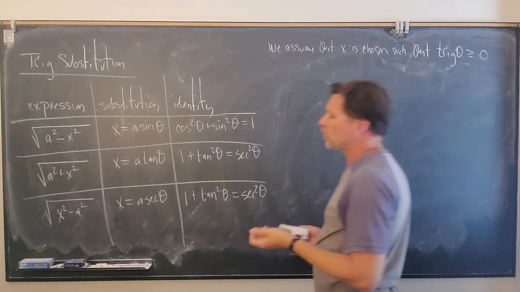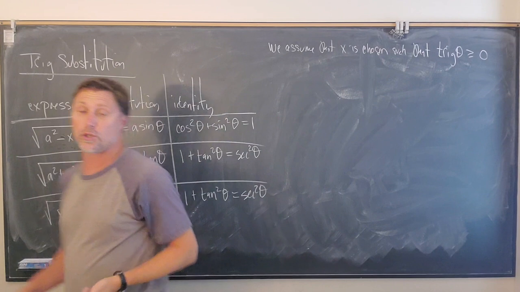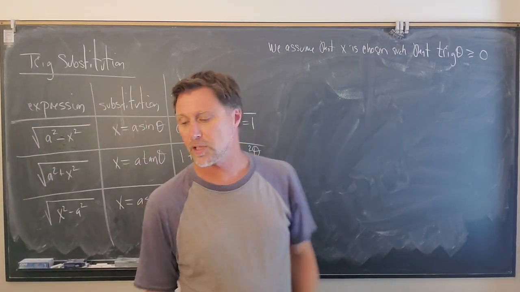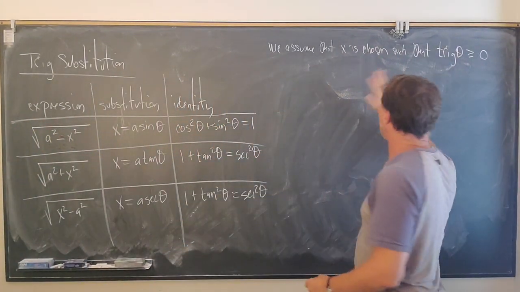Because we're going to be taking square roots of squares, and we want to make sure that we get the positive output when we do that. This is just a technical assumption that we'll assume throughout.